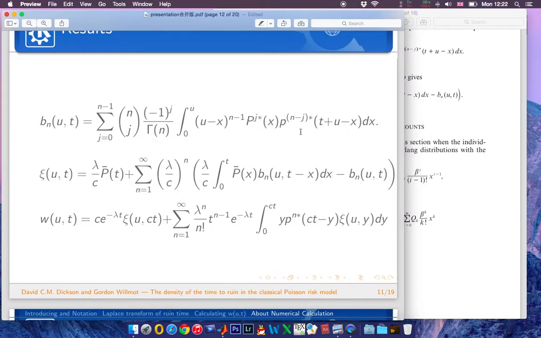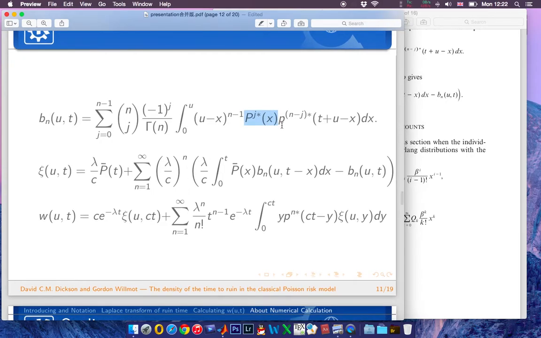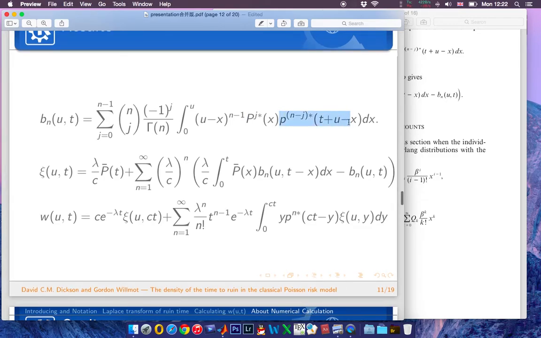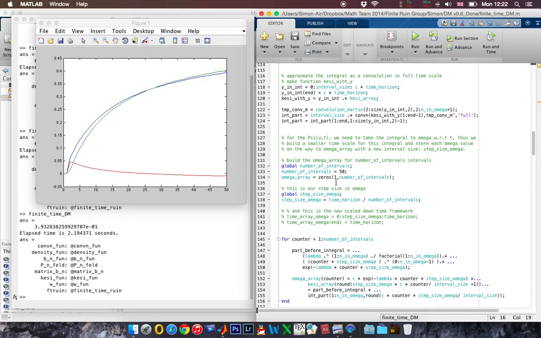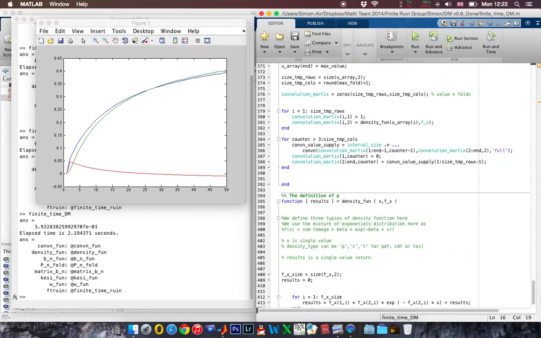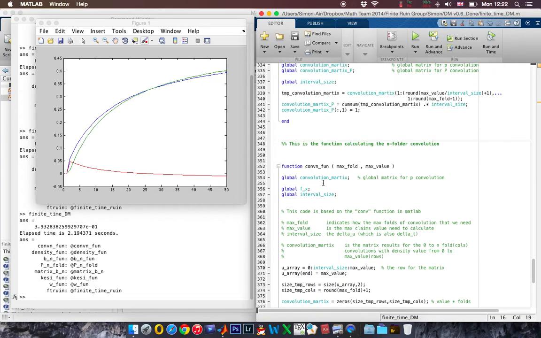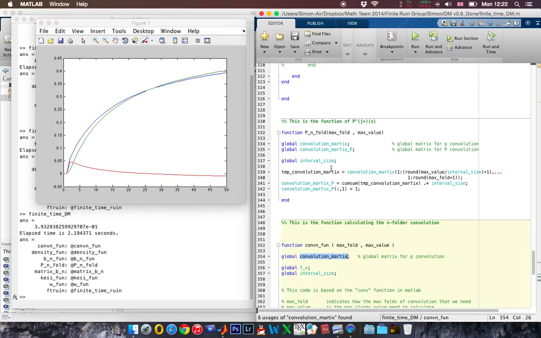And for each of these intervals, you can find the value of the corresponding capital P convolution and little p convolution here. Even here, we can already see the benefit of why we generated these two large, gigantic matrices, the convolution matrix and the convolution matrix P. This one and this one.